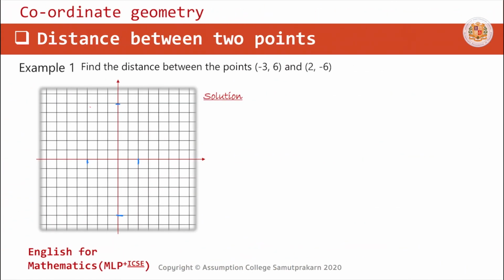Here are the given points: (-3, 6) and (2, -6). (-3, 6) would be here, and (2, -6) would be here.